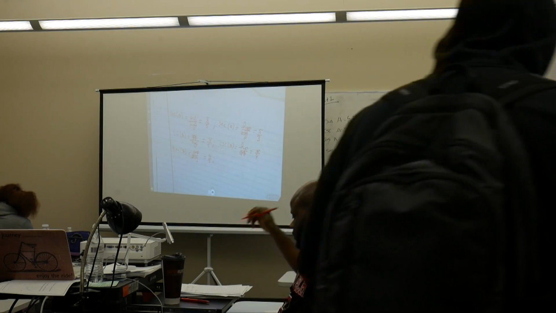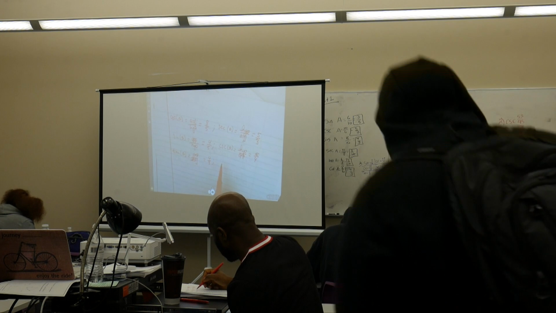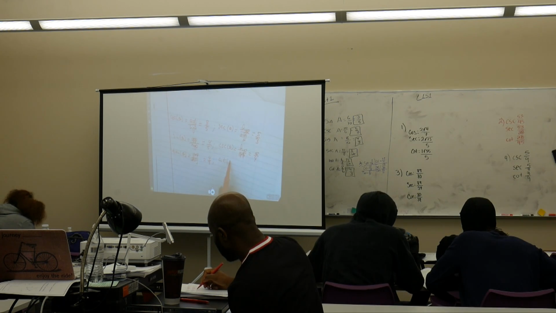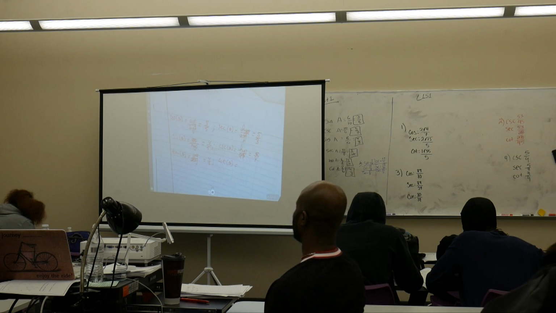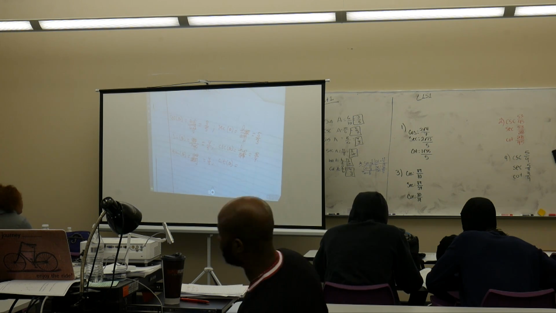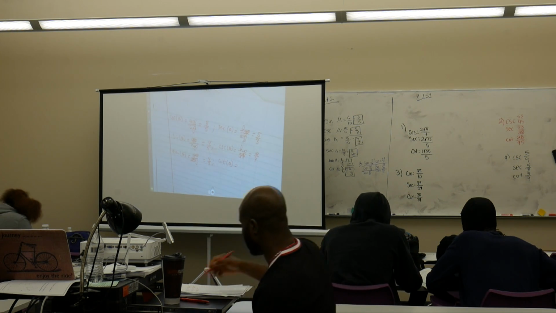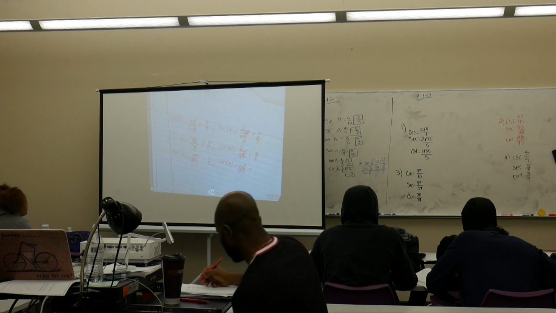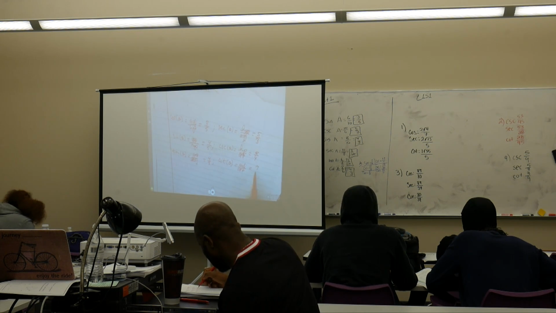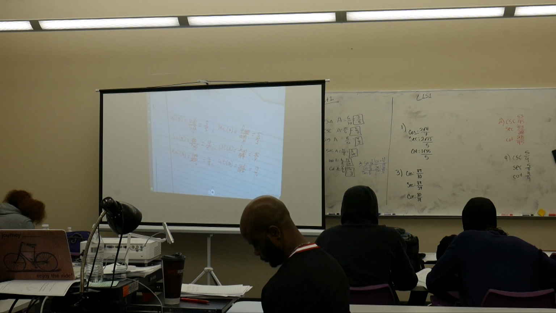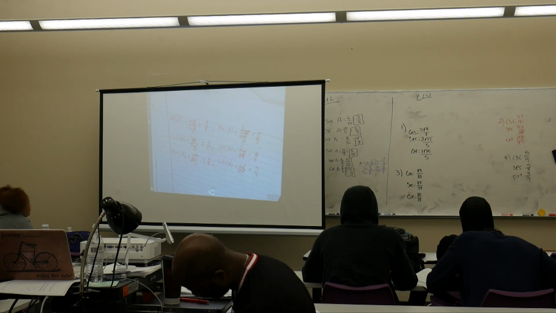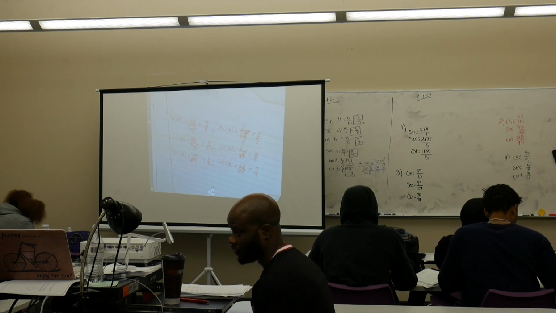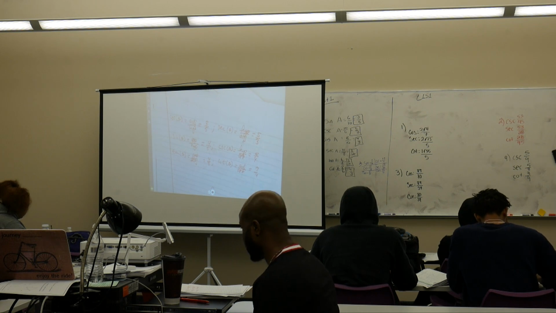The cotangent. So the cotangent will be adjacent over opposite. And then you know the whole process. You just gotta flip it and reverse it.